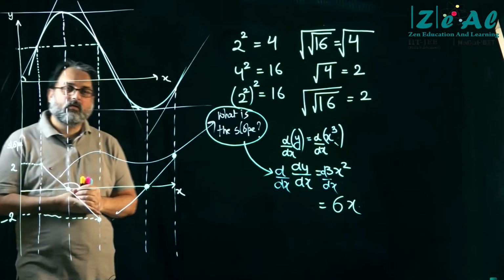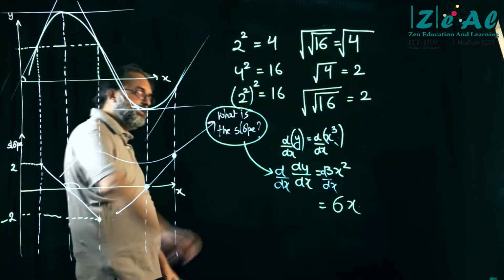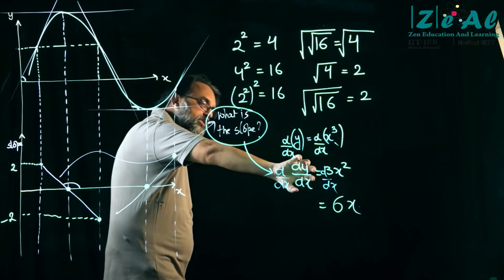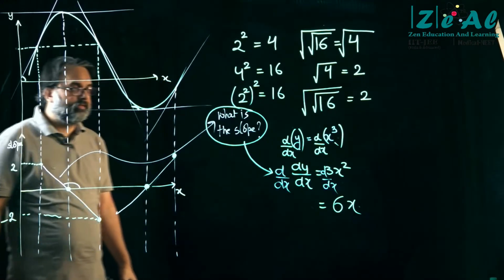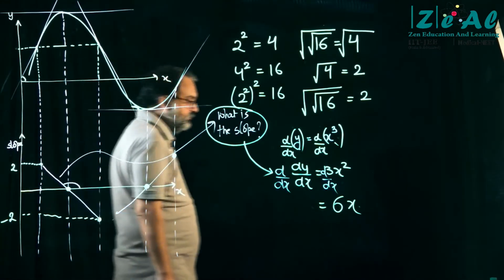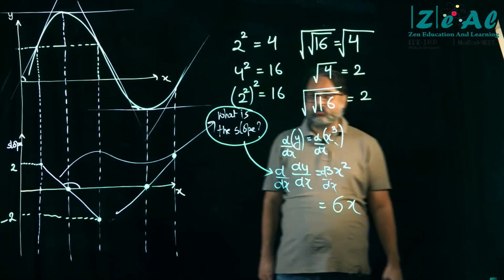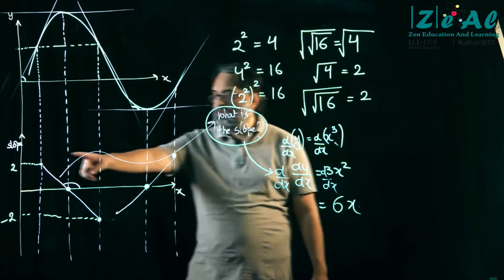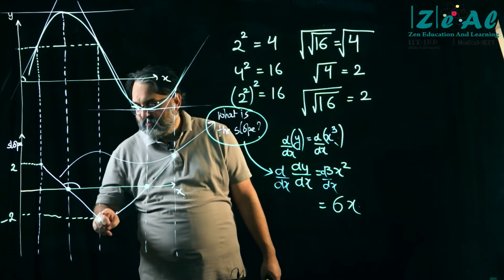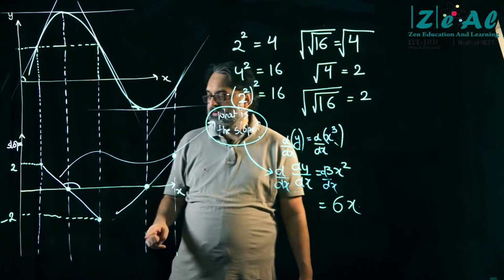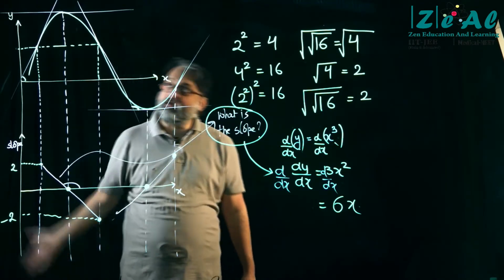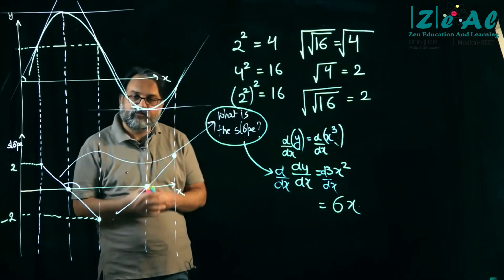Okay, so literally it is the slope of the graph. And that's why I said, so this is the slope of this guy. Slope of this guy is the slope of this graph.